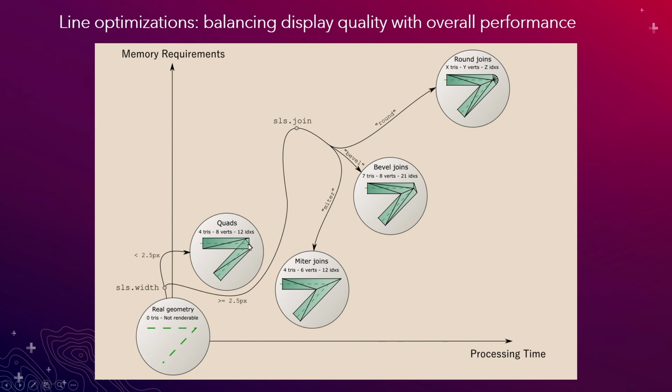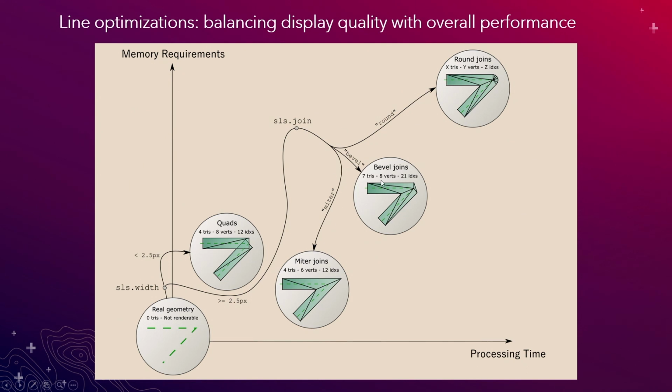We notice that regardless of what your symbol type is, regardless of what type of join you have, you can't visually discern any difference between those join types. So we can get away with drawing this less detailed version. If it's more than that, based on the join type, a miter join is low on memory but has more processing.